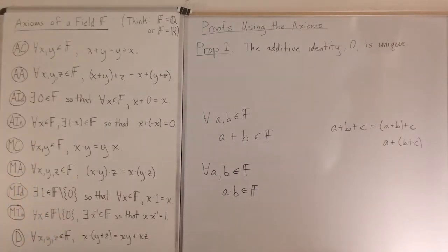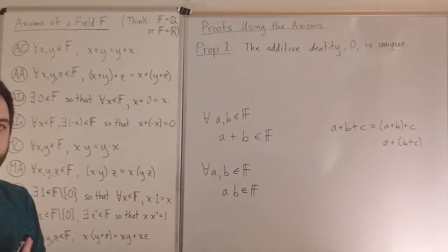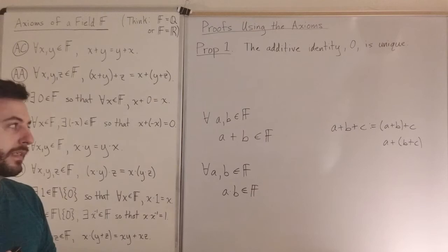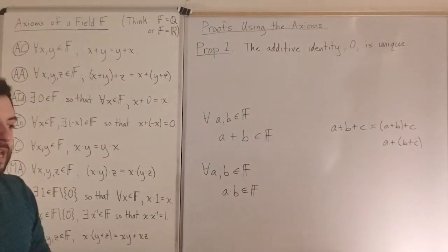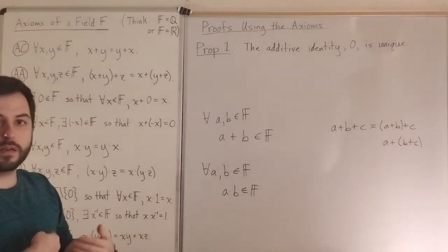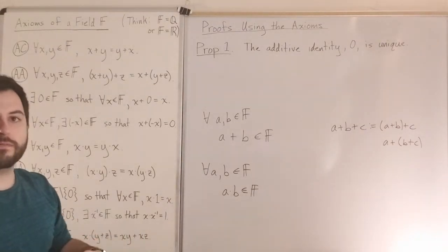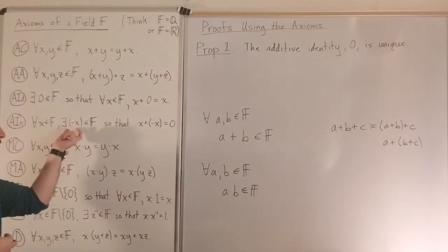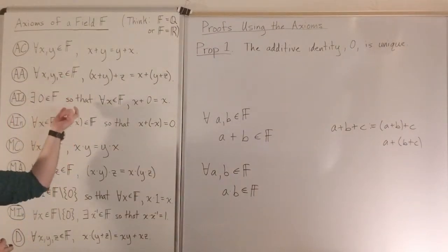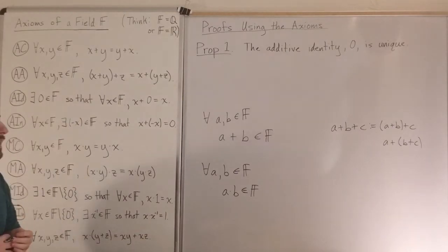So hopefully this seems intuitive. You can just stick a negative sign in front of whatever number you want, say in R or Q, and it makes sense, right? If the number was positive before, it'll become negative. If the number was negative, it'll become positive. But inherently, we don't have any notion of positive or negative in a field, right?